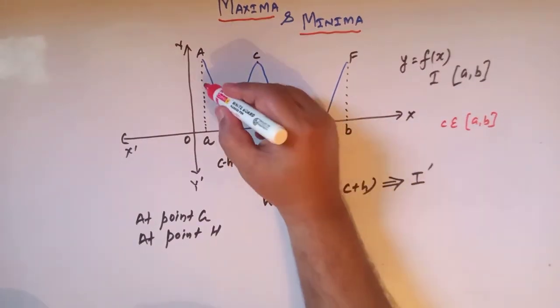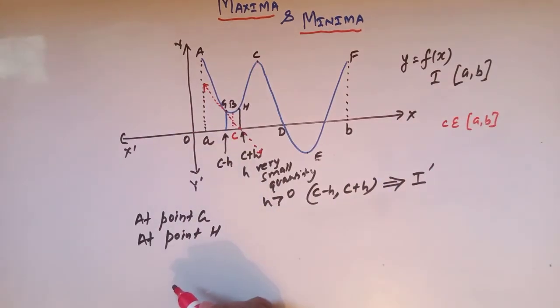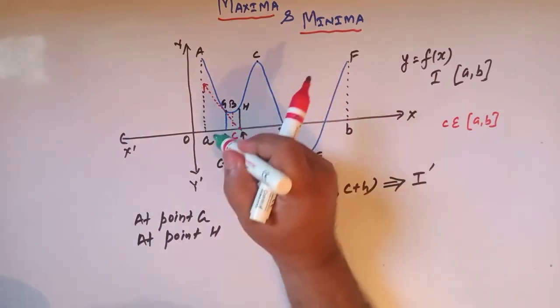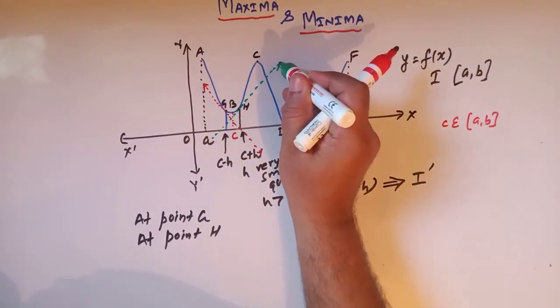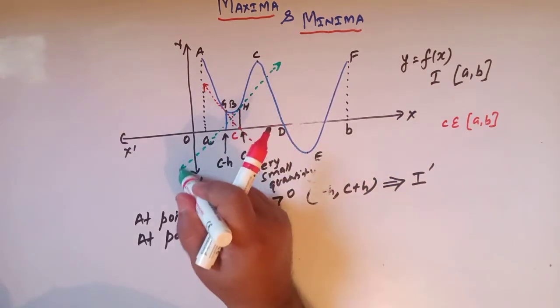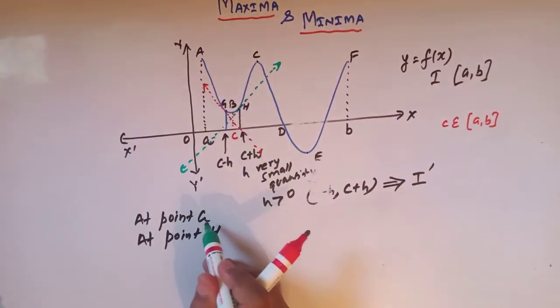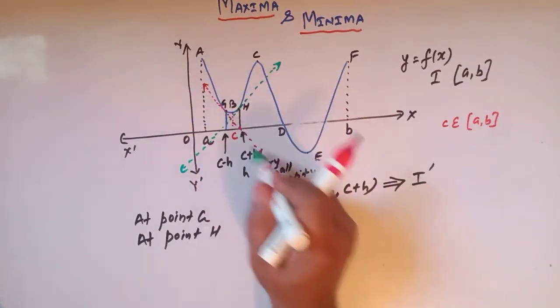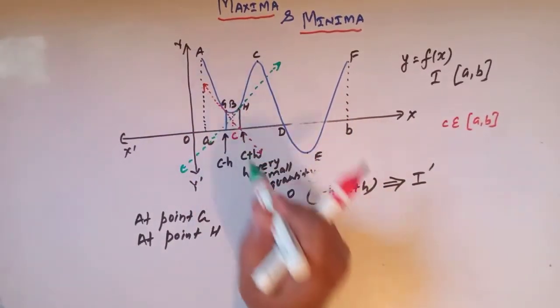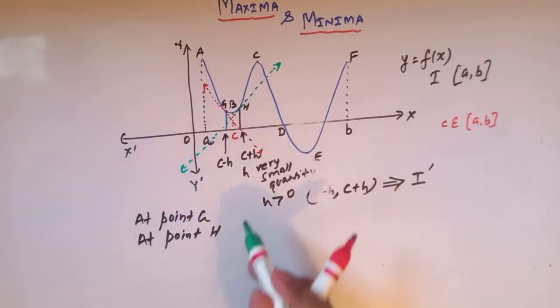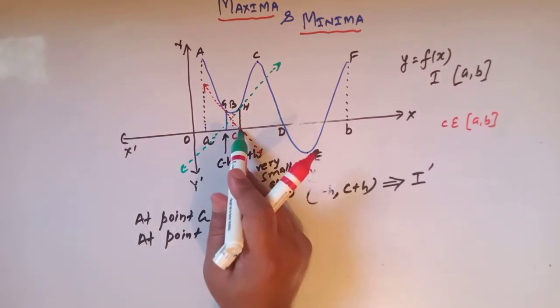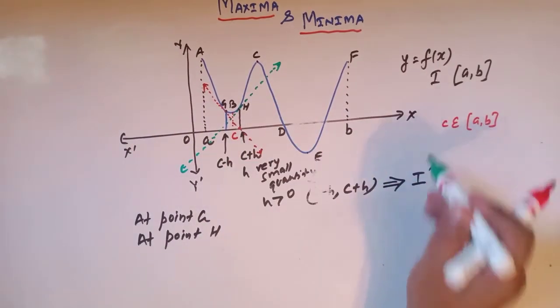This is the tangent at point G, and this is the tangent at H. At point G, this tangent, represented by the red dotted line, has negative slope.